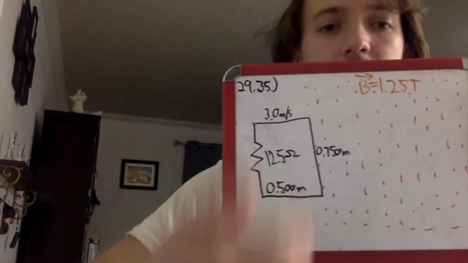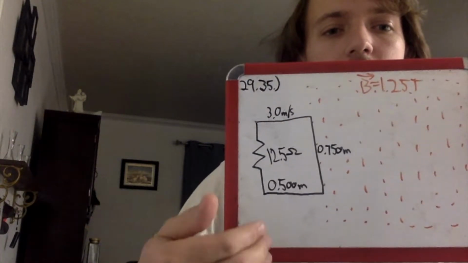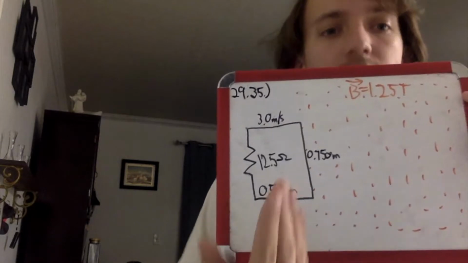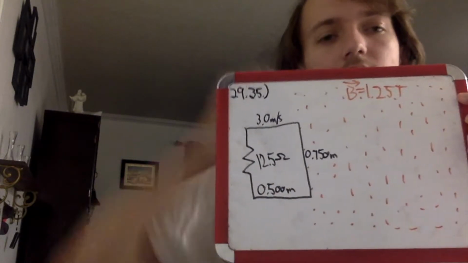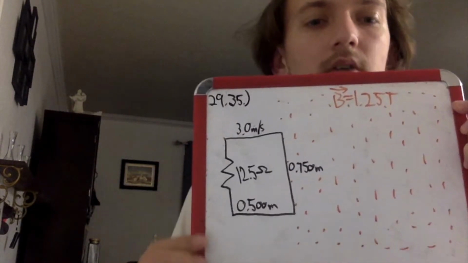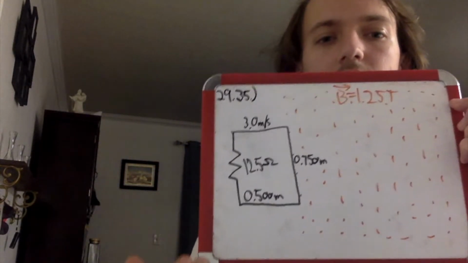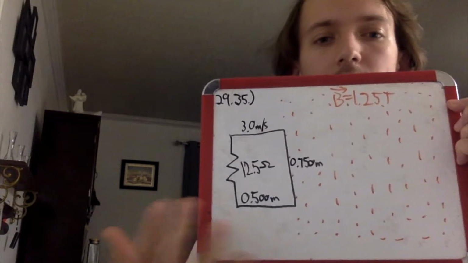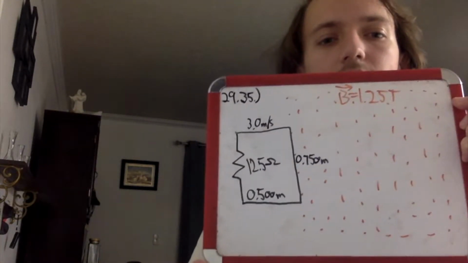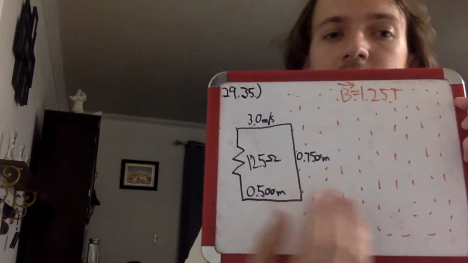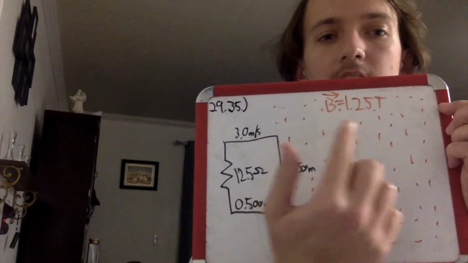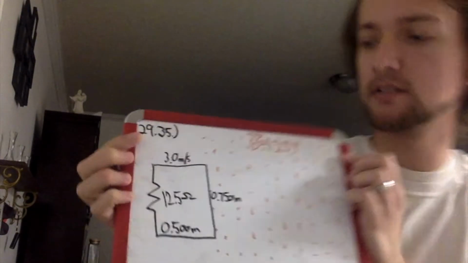I've drawn it right up against the field because we're going to treat time at 0 as the point when it starts to enter the field to make the math simpler for us. And so, at time equals 0, there's no magnetic field affecting the apparatus at all. But after it's inside entirely, the magnetic field is affecting it at the total value of 1.25 Teslas.